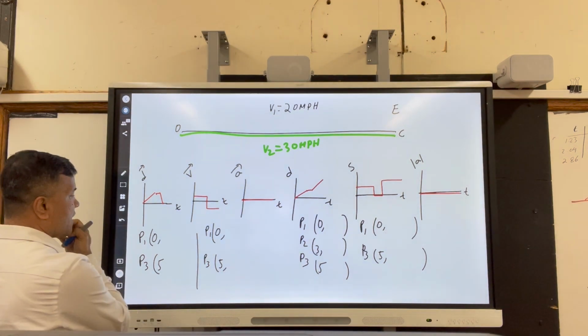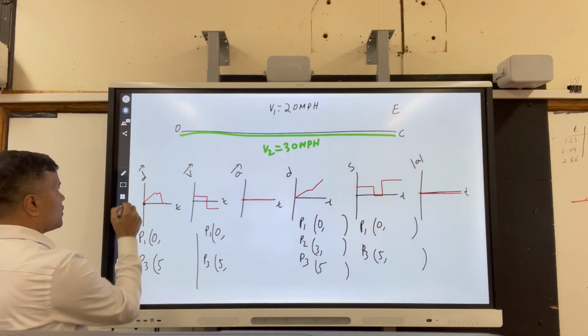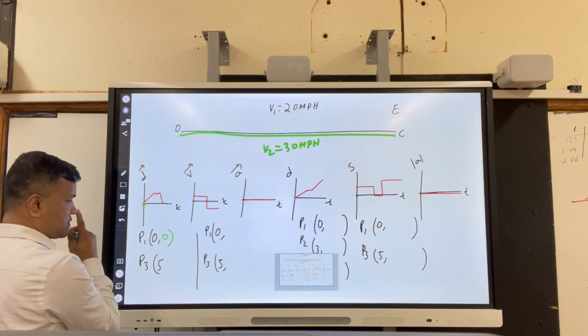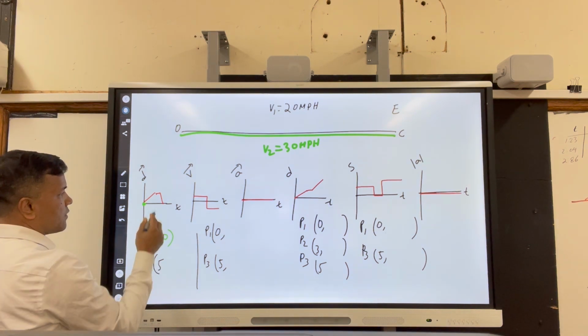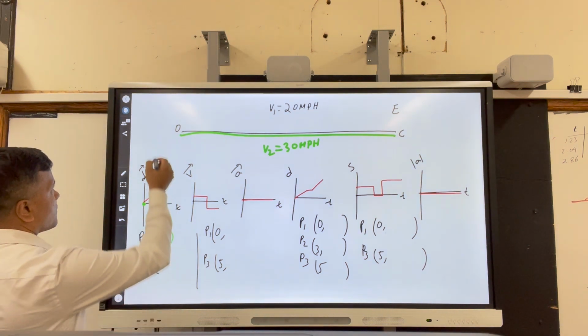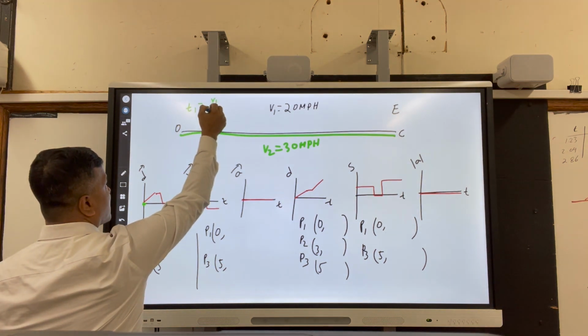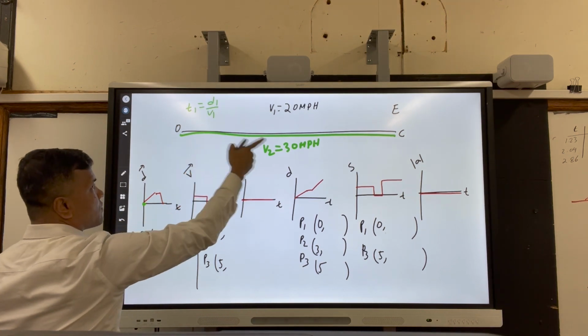So here I have the 0, right? So at 0, how much distance did he move? At 0, he moved 0 distance. At 5 hours, because the v1 would be how much? So the t1 would be d1 over v1. So the d1 is 60 miles.